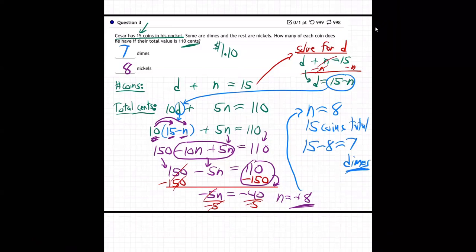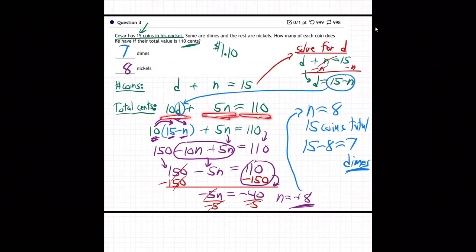All right, so let's recap. What just happened? We're solving this question for the total amount of money. The first equation we write is number of coins. Dimes plus nickels is 15. That's just coins. And the second equation, we give their monetary value in terms of total cents, meaning every dime is worth 10 cents and every nickel is worth 5 cents.